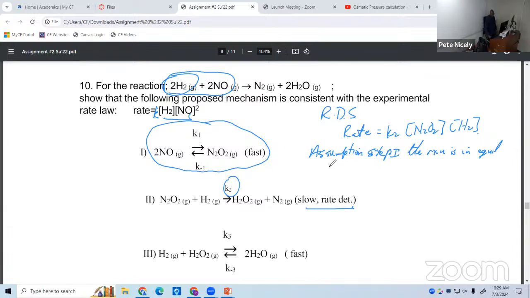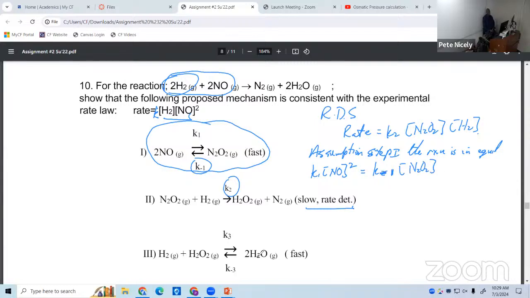So basically, if we're going to assume that to be the case, then we can say that for the forward reaction, for which the rate law is K1 times the concentration of NO squared, that will be equal to K minus 1, which is this right here, times the concentration of N2O2, all right?